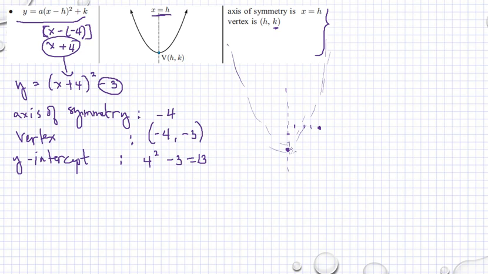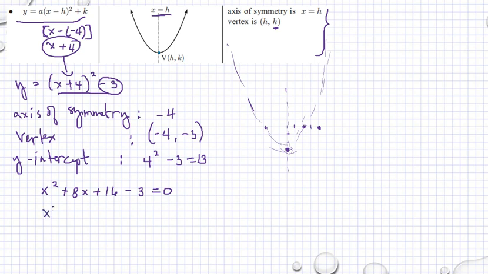Yeah. It looks good. If you want, then you can solve your roots also. You can expand this. We have x squared plus 8x plus 16 minus 3 is equal to 0 because it is your zeros, it is your roots.